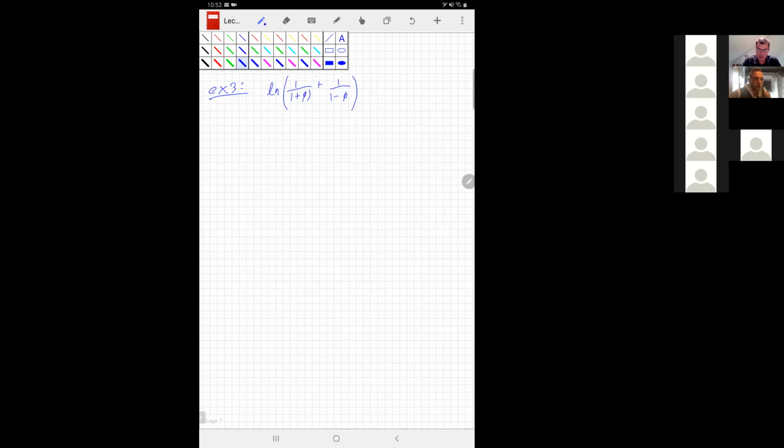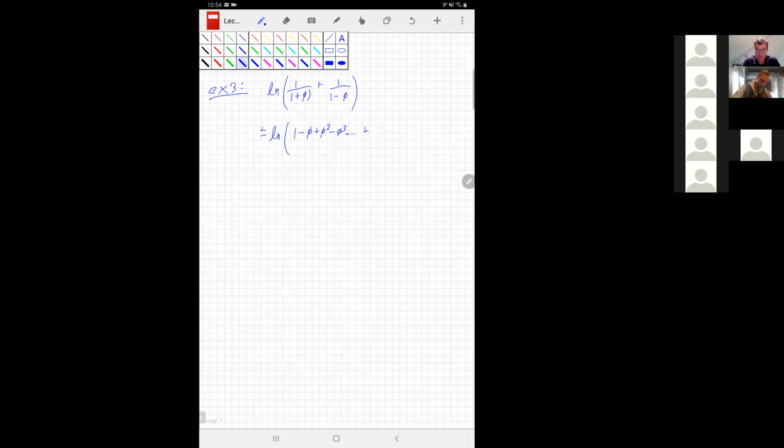Well, let's see here. We know the Taylor series for 1 over 1 plus x, all right? The Taylor series for 1 over 1 plus something is 1 minus that something plus that something squared minus that something cubed. So this first term becomes 1 minus phi plus phi squared minus phi cubed.